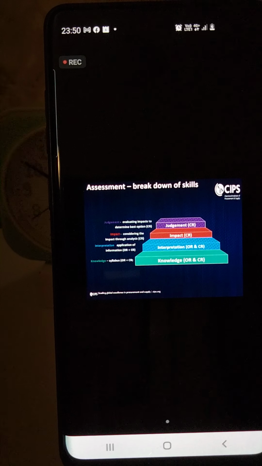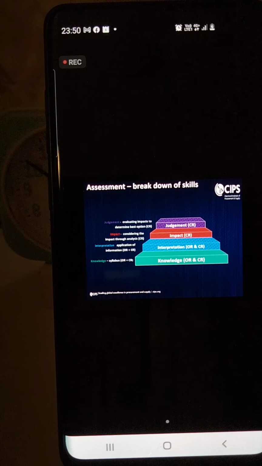And at this, you need to be able to demonstrate that you've weighed up and considered a number of options, and at least two, to be able to make a selection and then evaluate the impact of that particular option, and being able to judge a range of different issues and place them in some kind of priority order.